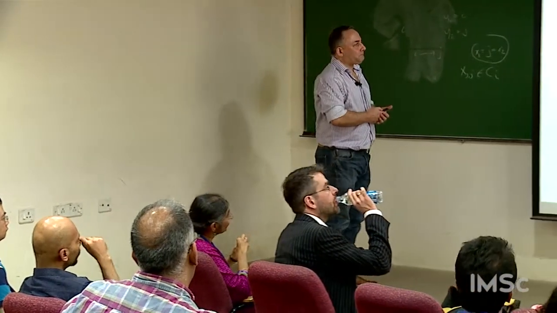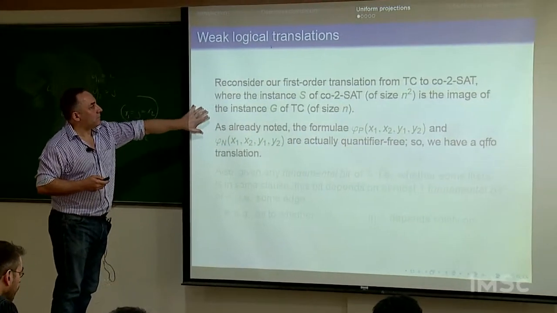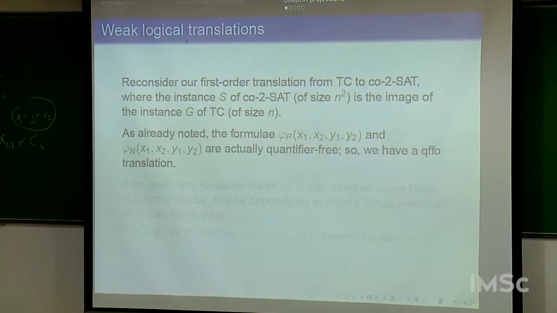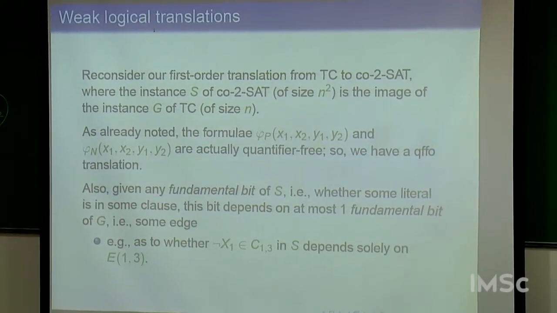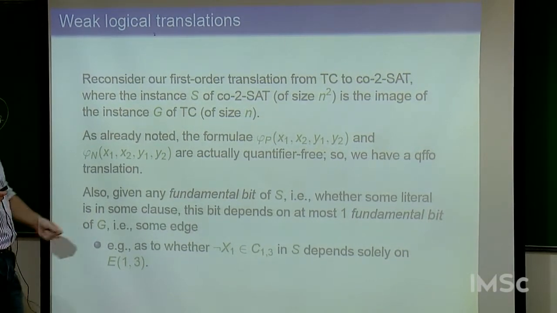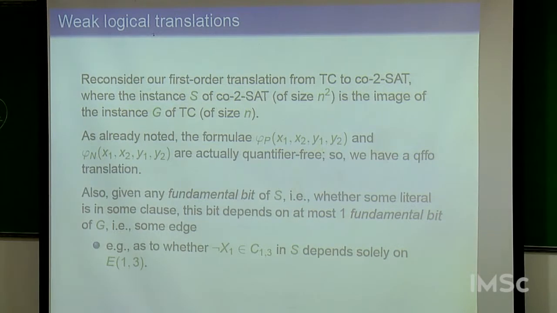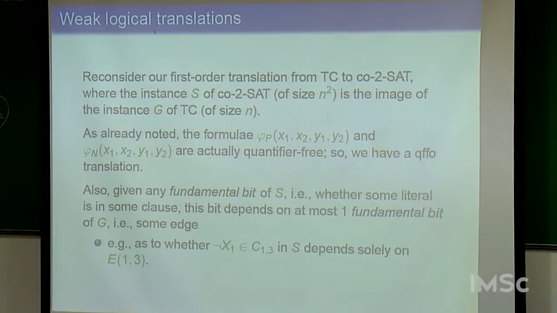Okay, so as I've noted, our reduction wasn't just first order, it was quantifier-free first order. And in fact, if you look even closer, given any fundamental bit of S, remember S is an instance of satisfiability, and by fundamental bit I mean whether some literal appears in some clause.